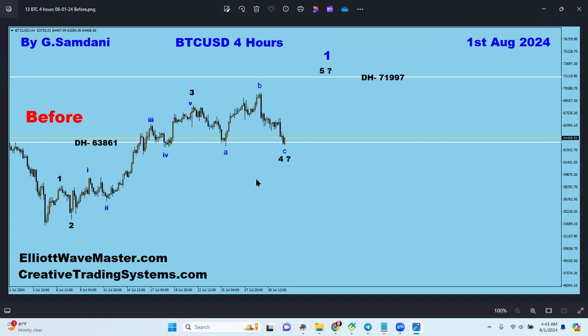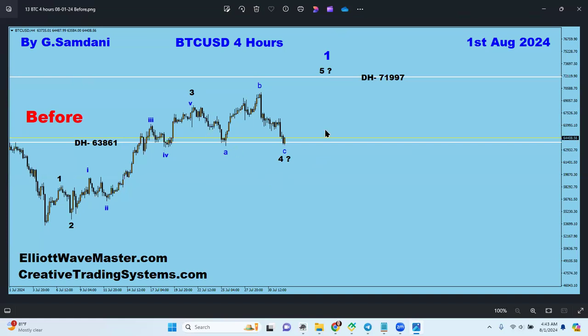Now we have two possibilities, right? If it is wave two, this is wave one, and then ABC is a small wave two, followed by wave three, so we need to go to the upside. Or what I'm thinking now is that this could be wave 1, 2, 3, then A, B, C, an expanded flat correction, but it's not even an expanded flat, because for that we need C below this, right?